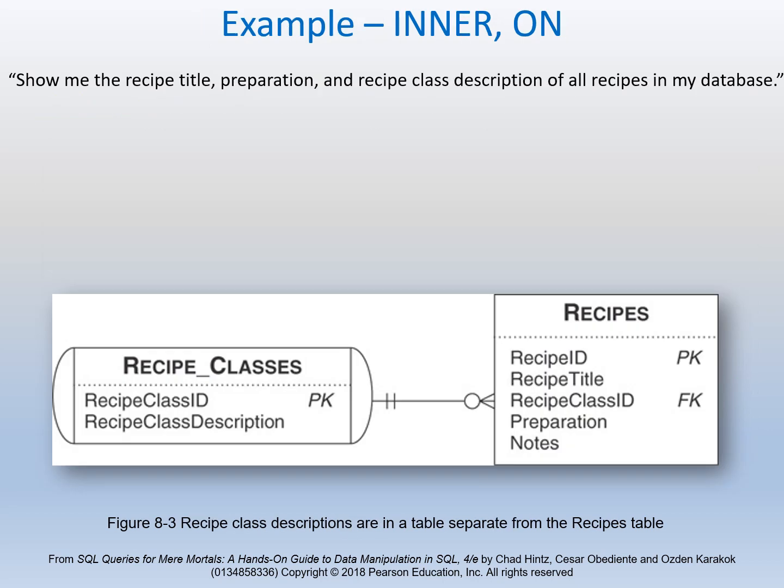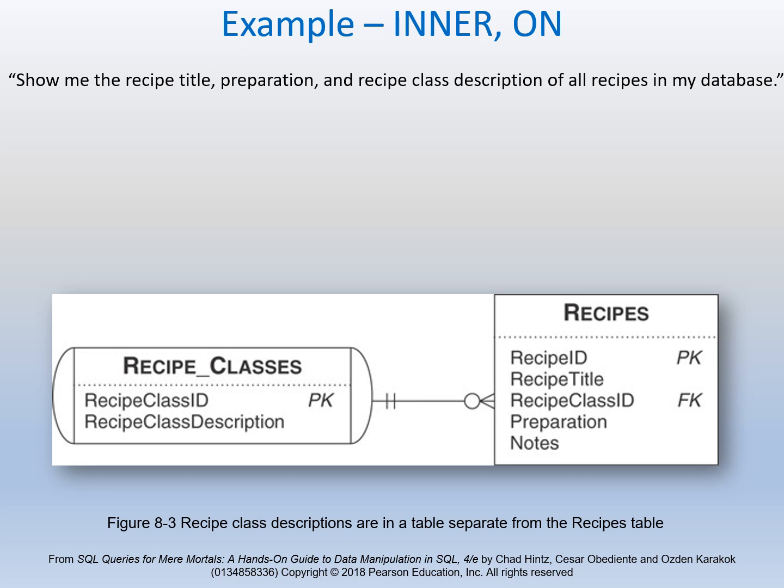This is an example of an inner join between two tables. Suppose your manager offers a request, which is show me the recipe title, preparation, and recipe class description, that sounds like 3 columns, of all recipes in my database.